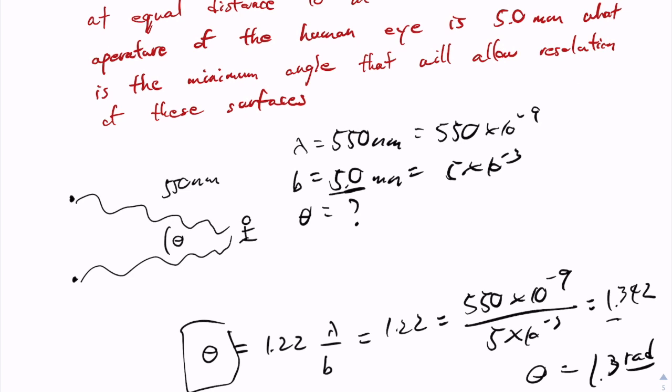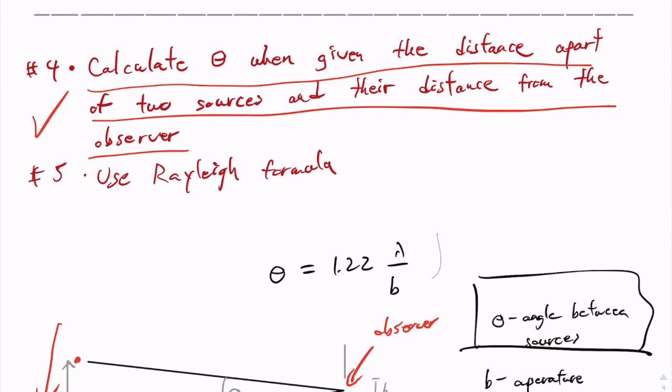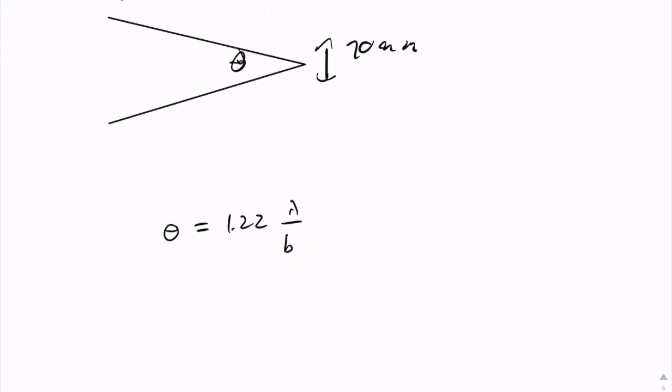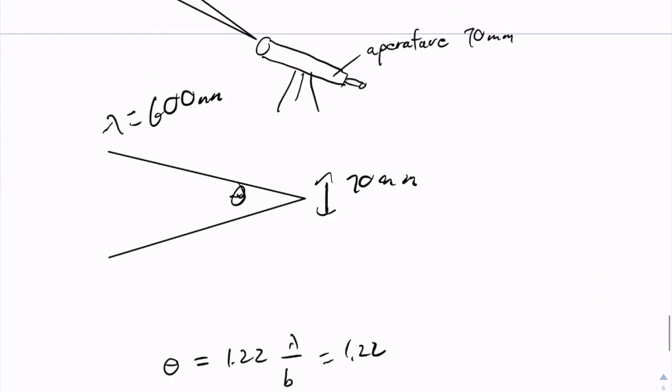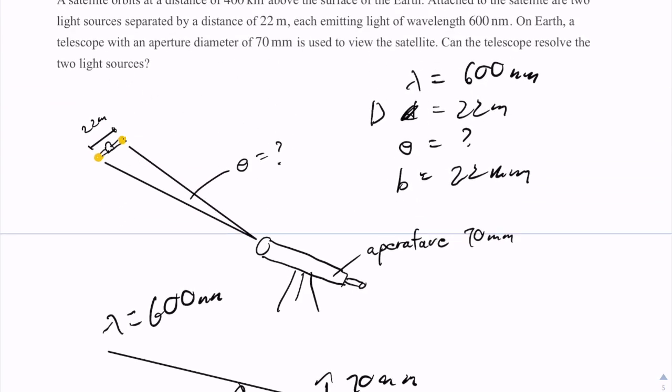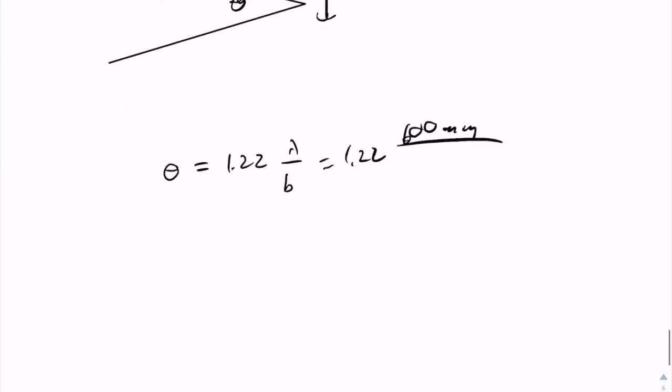Okay, so let's, why did I not copy properly? Okay, I'm just going to go up and grab this one. Copy and paste. Okay, so we've got the wavelength of light, which I'm going to write first. Wavelength is 600 nanometers. And B, the aperture size, is 70 millimeters.